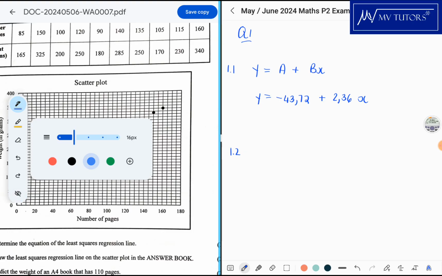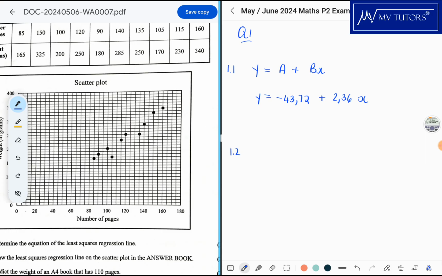Let's go with blue. It's gonna look something like this. Okay, because you want to fit in a nice line over there. Okay, so I'm just gonna say drawn.